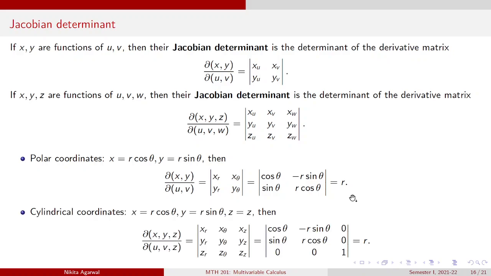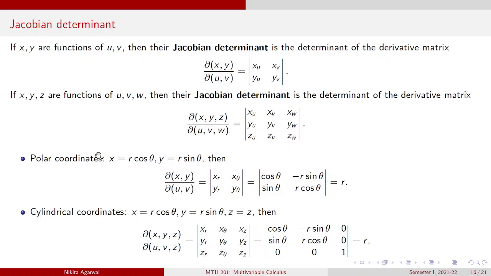Now let us look at cylindrical coordinates. There x, y and z, three variables, were functions of three other variables r, theta and z, right? If you compute what these partial derivatives are and the determinant of this matrix, you get r.